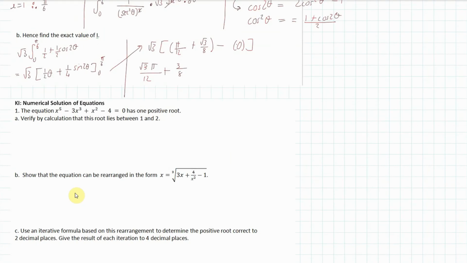What we can do is we call x to the power of 5 minus 3x cubed plus x squared minus 4 f(x). Now, f(1) equals, when I plug that in, I get negative 5: 1 minus 3 plus 1 minus 4.